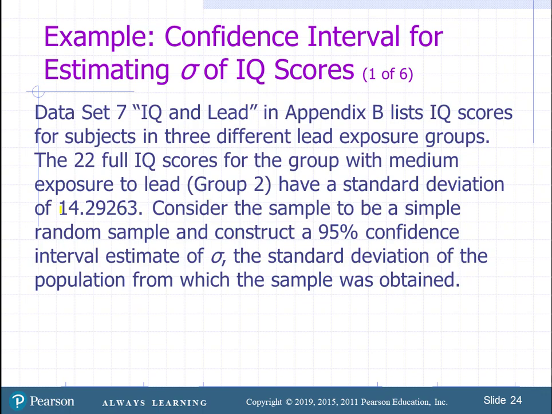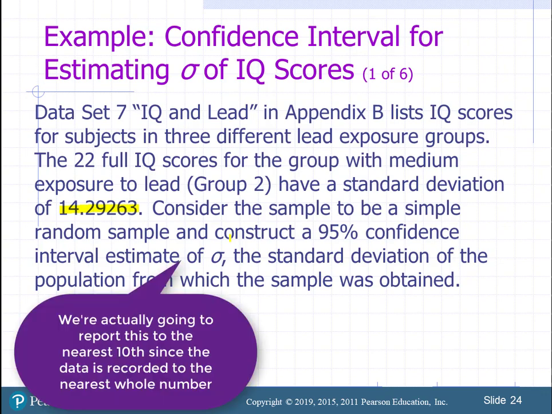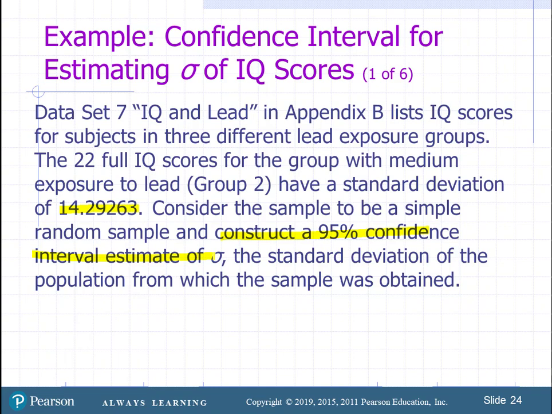And we found, using StatCrunch, that their standard deviation, that's S, is 14.29263. We want a 95% confidence interval for the standard deviation. Okay?